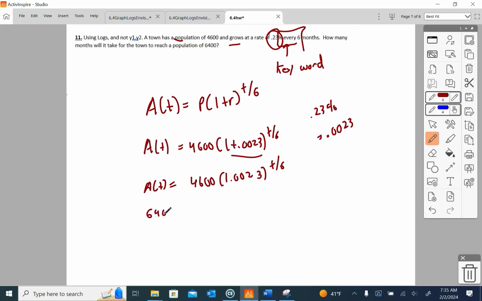Try this again. Actually, I wanted it to be a different color. What I'm going to do is isolate the base. So I'm going to divide out 4,600.